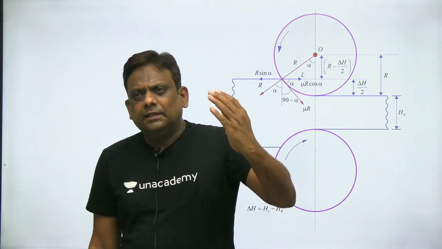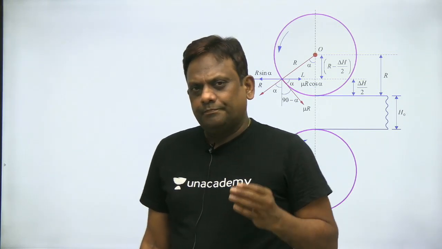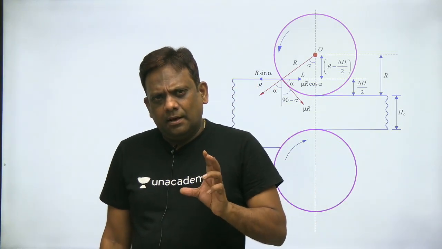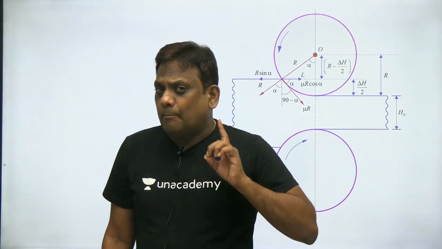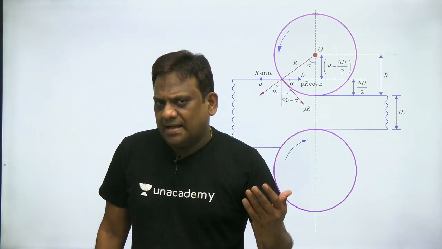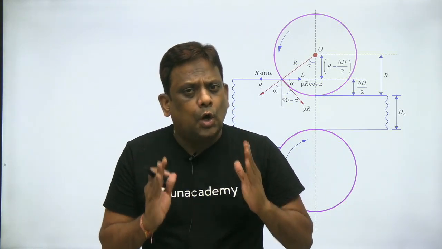Today we'll see the mechanics of rolling. What are the things that we are going to see in this video? How much reduction is possible per single pass? What is the meaning of single pass? What is multi-pass? All those will be covered. Then, what is roll contact length?